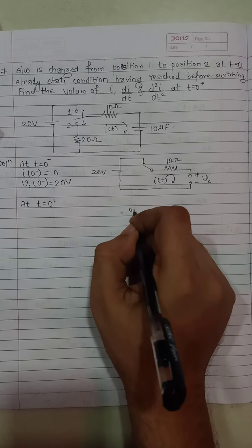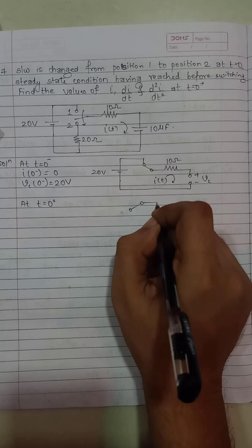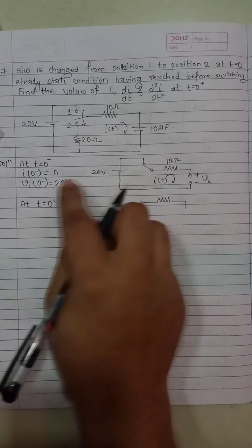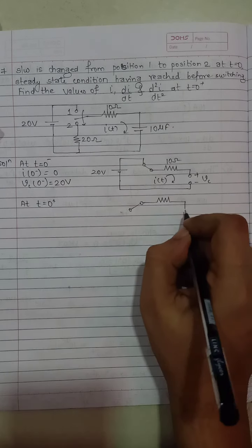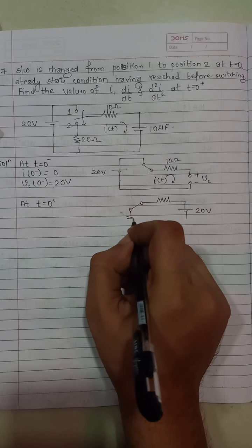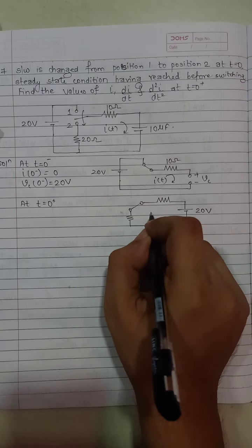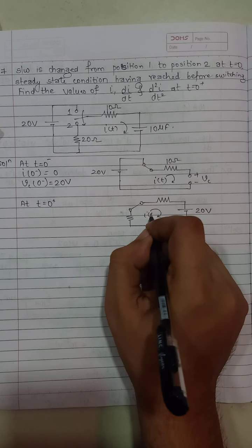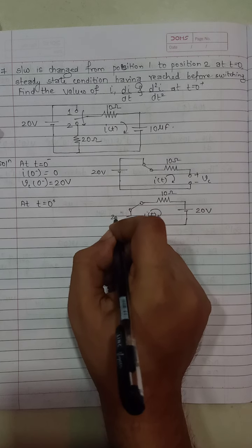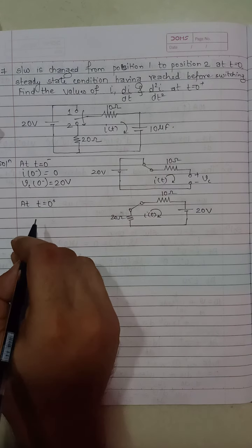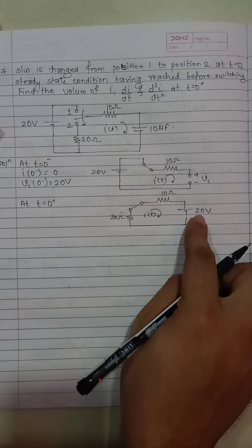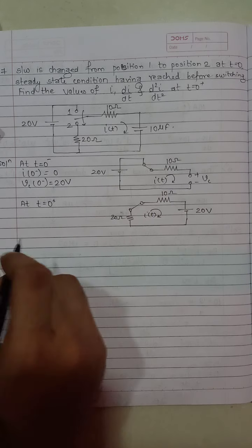So now the switch is at second point, and instead of capacitor now we'll show it as a voltage source of 20 volts. Current flowing is i of t. This is 10 ohms, this is 20 ohms. So capacitor will act as a voltage source which will provide some voltage to the circuit.